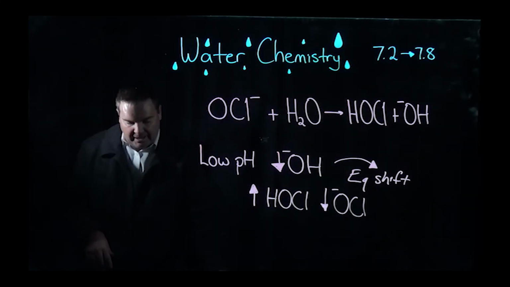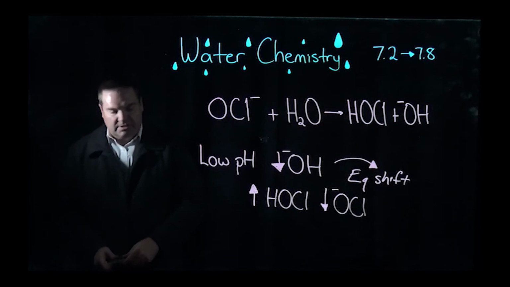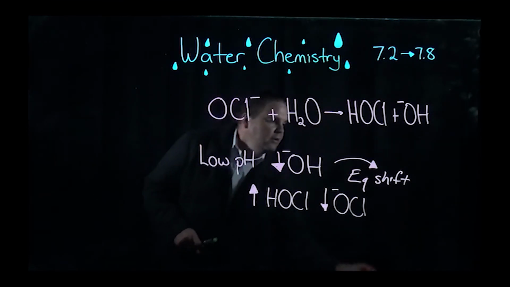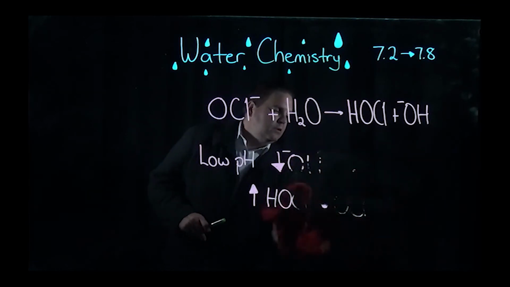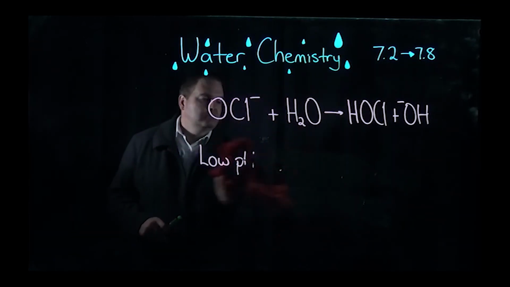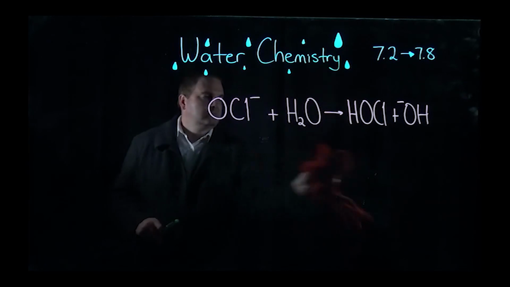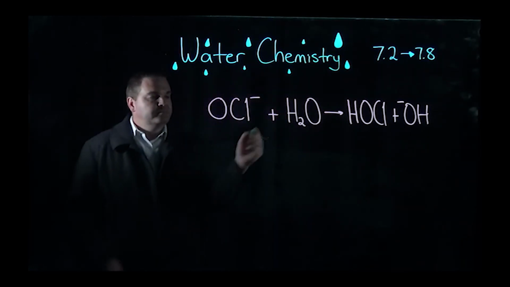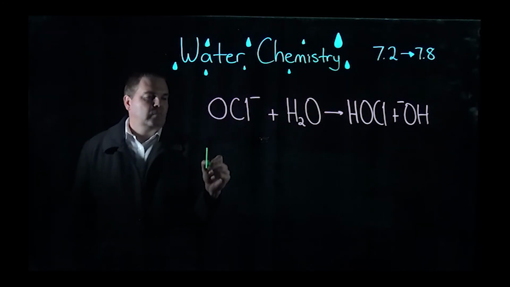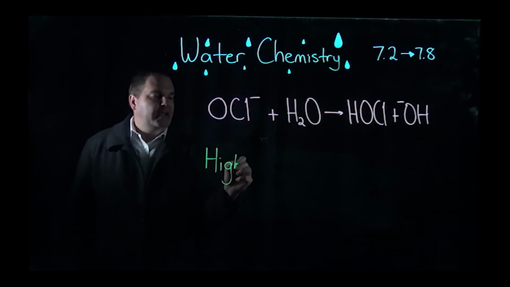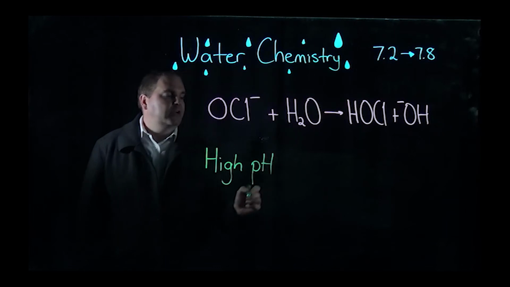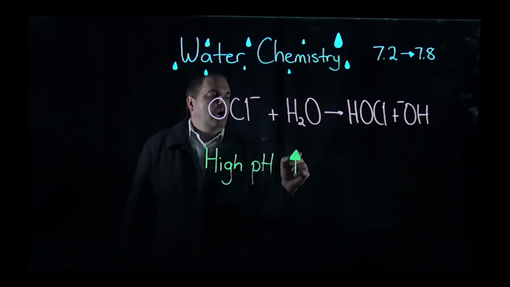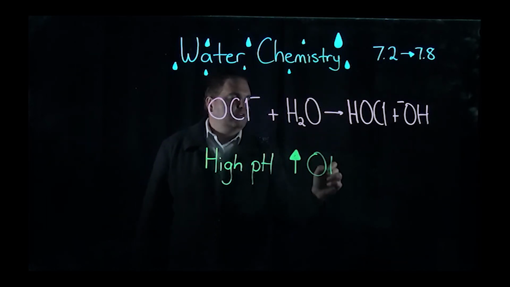If we look at a high pH, the opposite happens. So if we go with a high pH, what we're doing is increasing the concentration of our hydroxide ions.